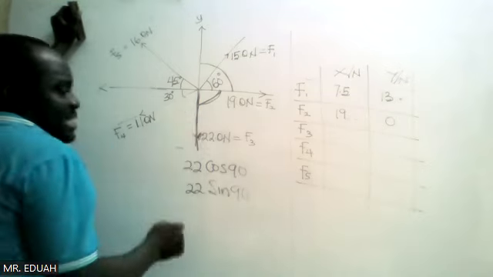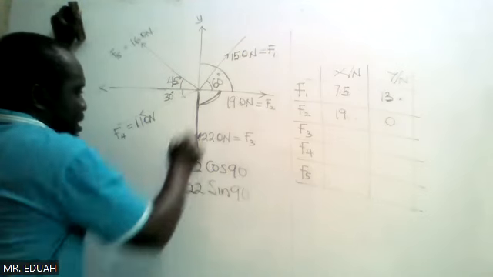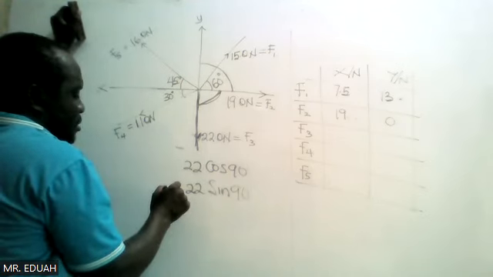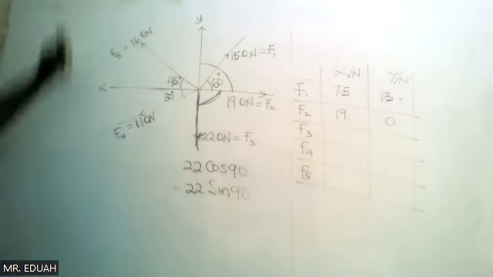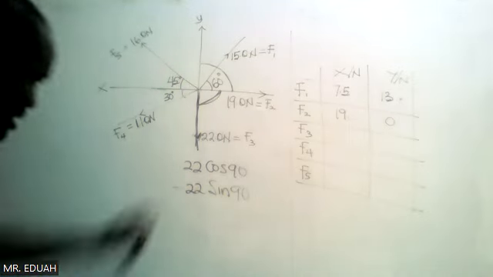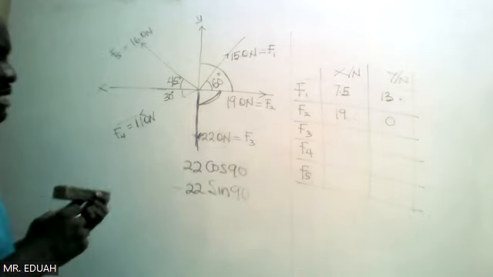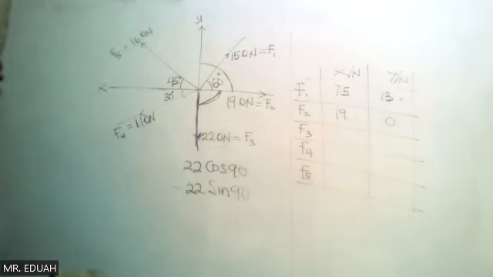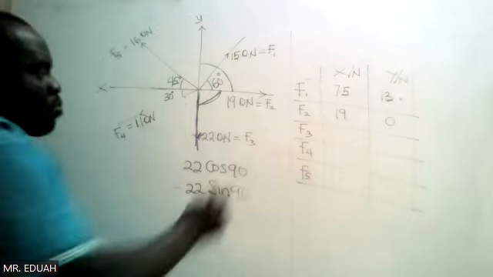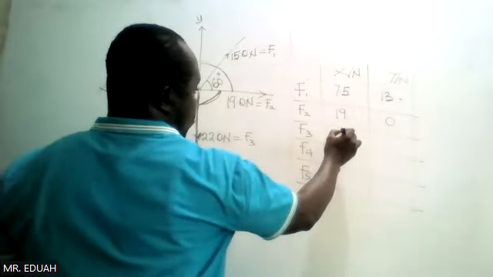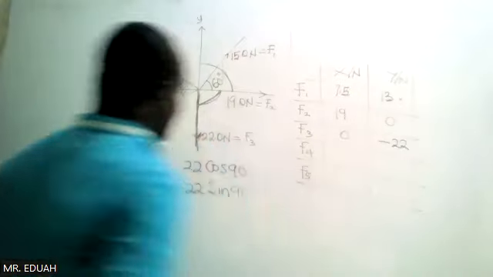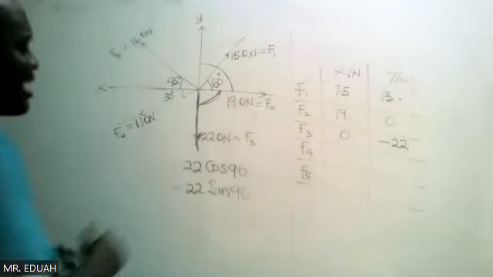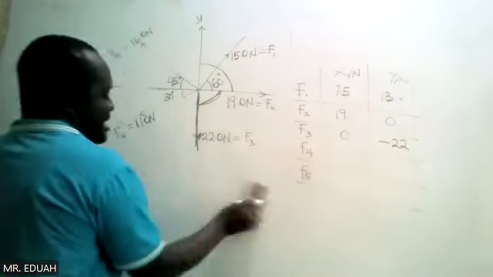But the vertical component falls within the negative y, so minus this. Cos 90 is 0, so this is 0. Sine 90 is 1, negative 22. So 0, minus 22. You can also look at the angle it makes with the y-axis.